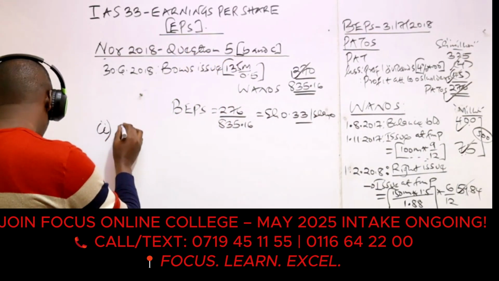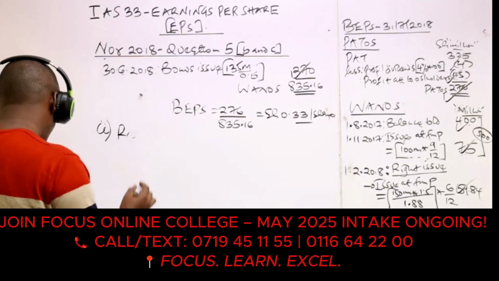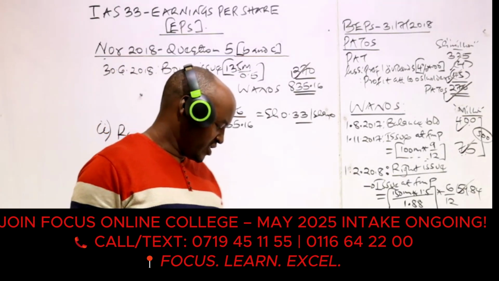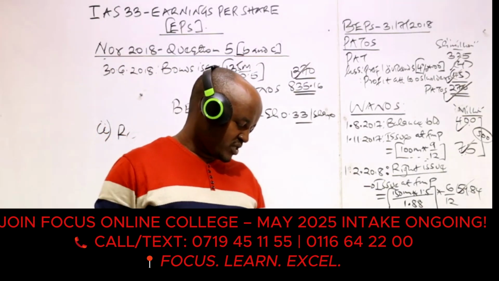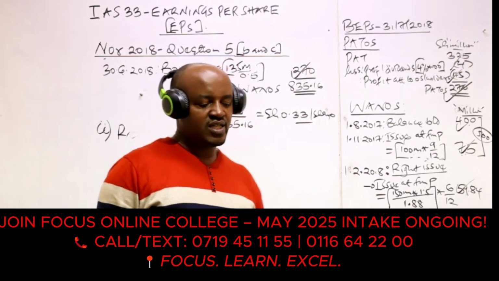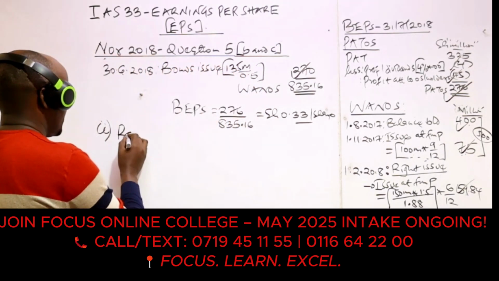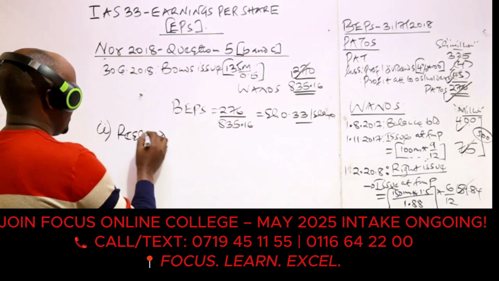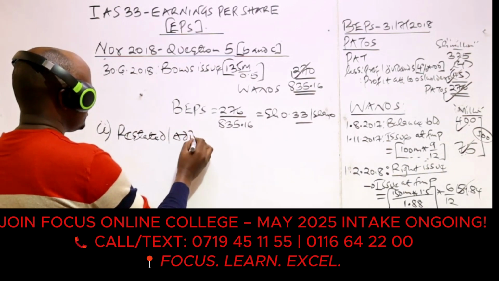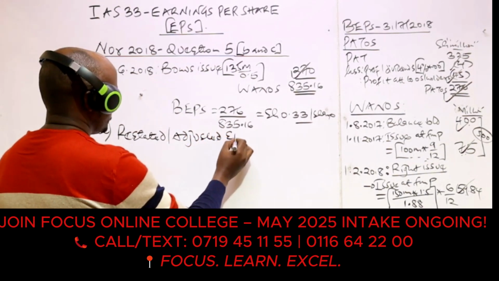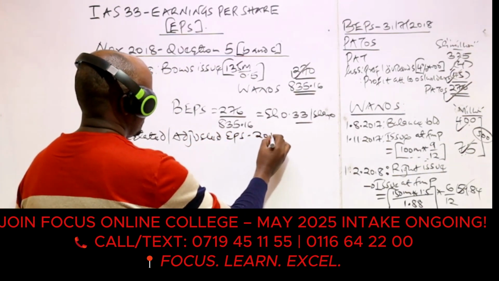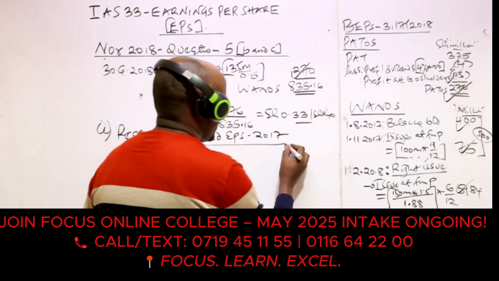And then Roman 2, what we are required to do is we are required to compute the comparative earnings per share of 2017 to be reported in financial statement of 2018. In other terms, what the examiner was requiring the candidates there to compute is the restated or adjusted earnings per share for 2017. Remember here we have 2 years.